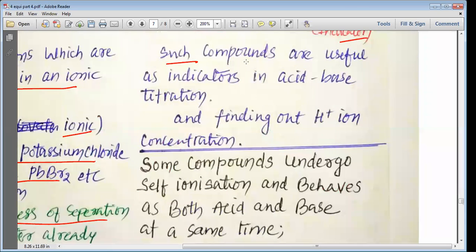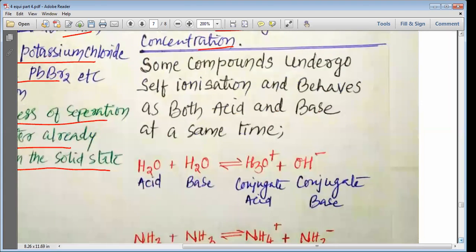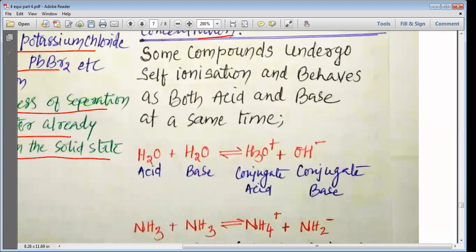Such compounds are useful as indicators in acid-base titration and in finding the H plus ion concentration. Using these compounds, we can understand the end point, and at the same time we can calculate the H plus ion concentration.